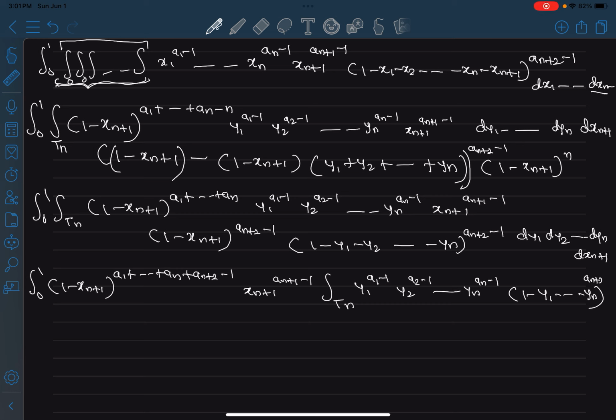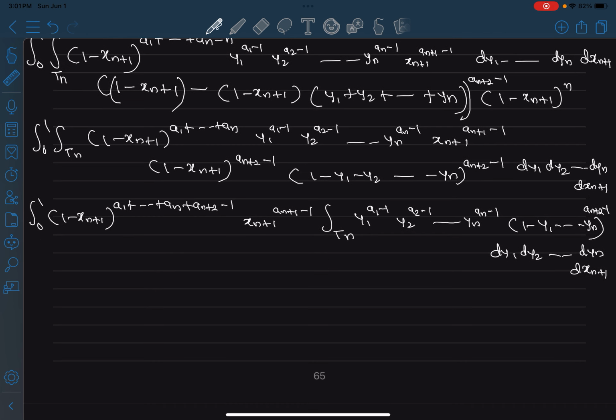An plus 2 minus 1. Am I correct? Yeah, I think I'm correct. Notice that there's one term missing, n plus 1 is missing, but that's fine. I cannot do anything with that, right? So dy1, dy2 up to dyn, and then dxn plus 1, right?